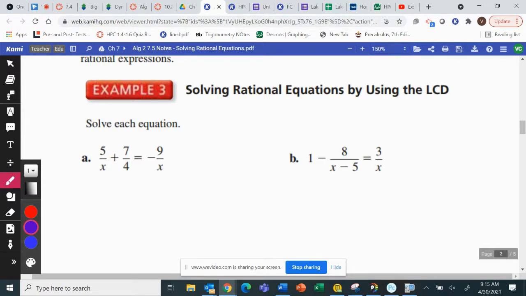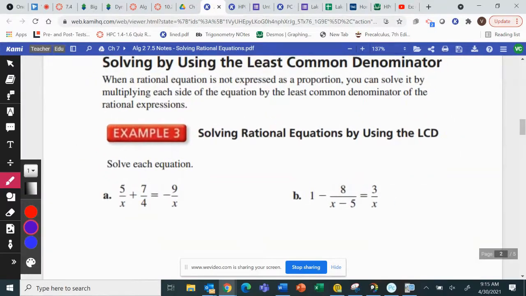So we're going to use a different method: multiply both sides of the equation by the lowest common denominator.